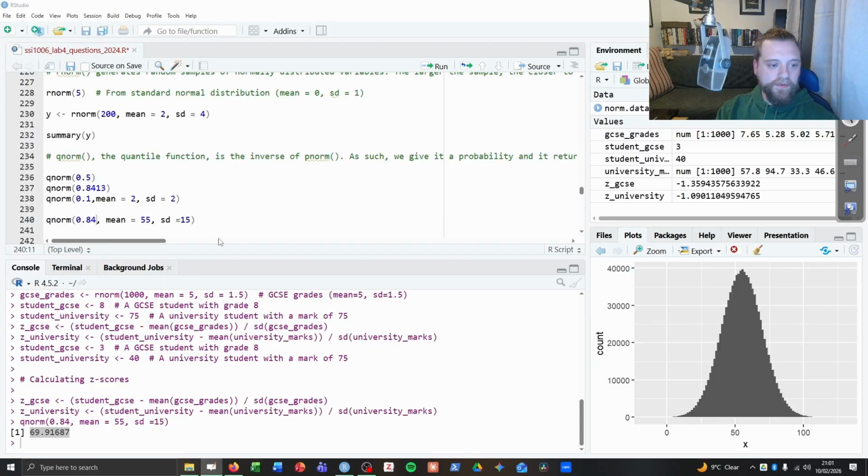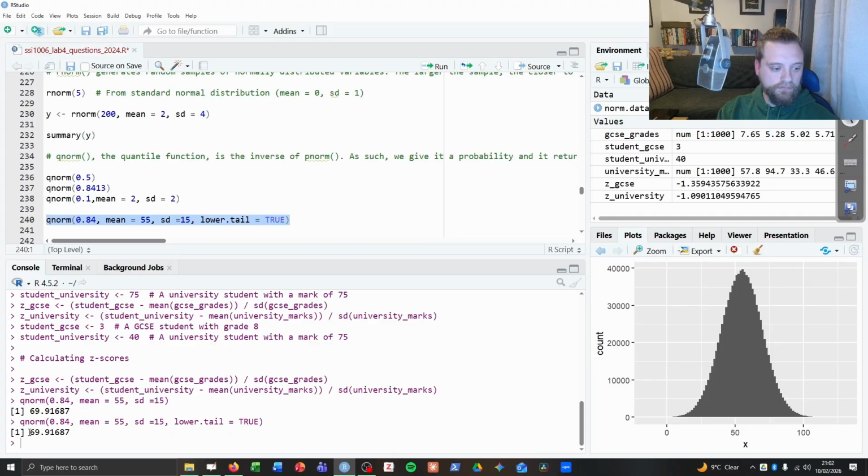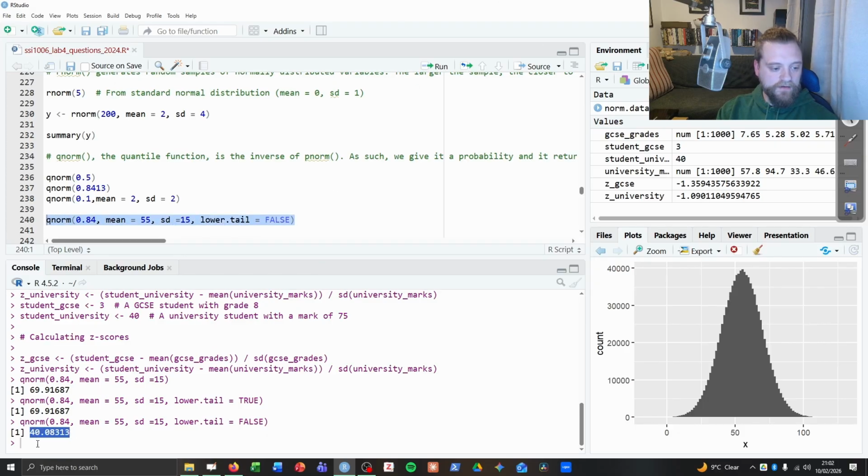Now lower tail and upper tail does also work here. So if we specify lower tail to be false, we're going to get the inverse value.